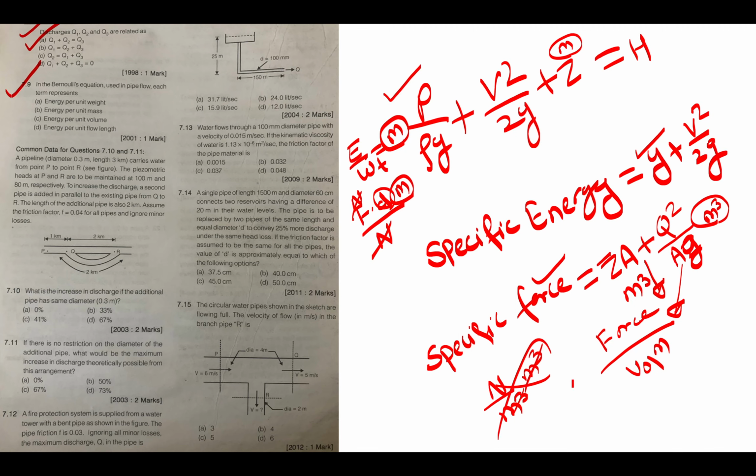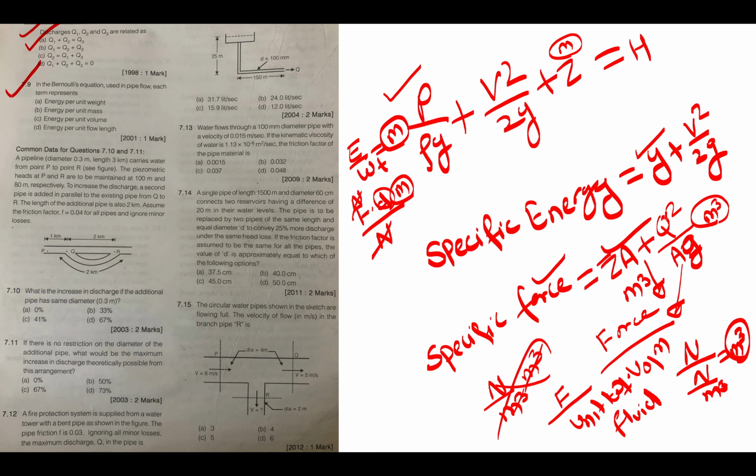Each term represents the force per unit weight of fluid. Unit weight. So force is Newton and unit weight is Newton per meter cube. It will come as meter. So in a specific force, each term represents the force per unit weight of the fluid.